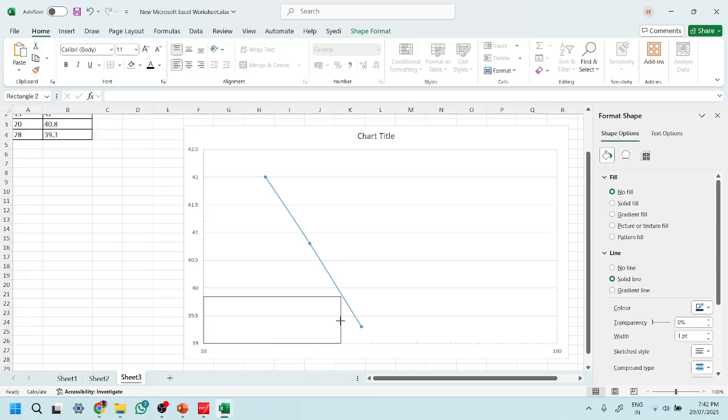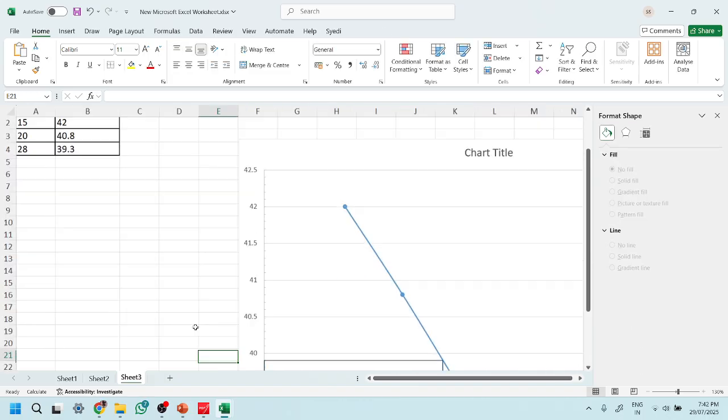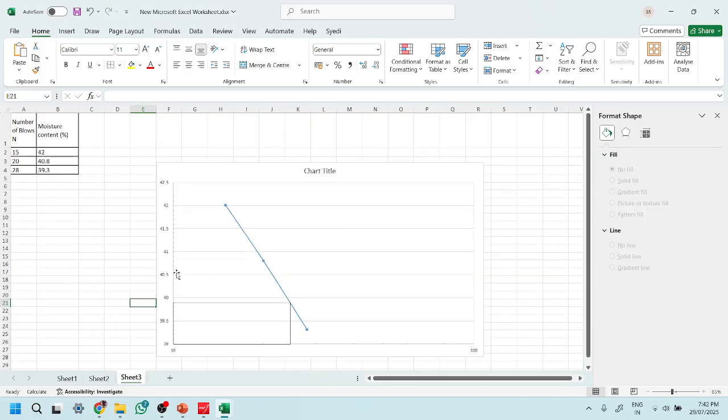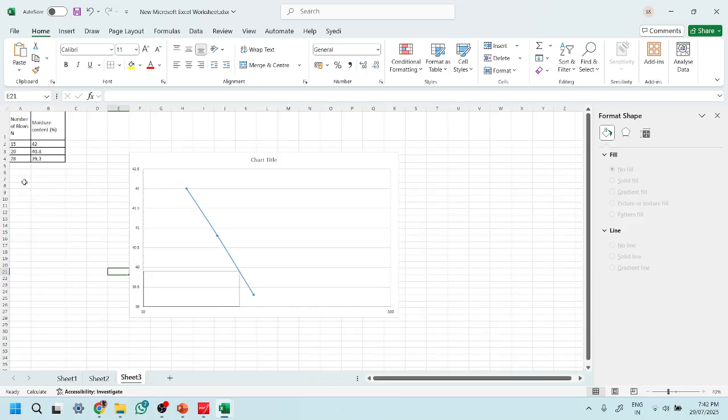This is like 39.9. The limit will be 39.9. Is that fine?